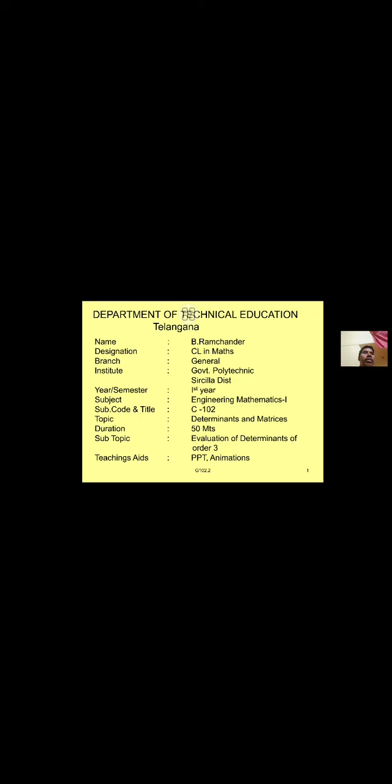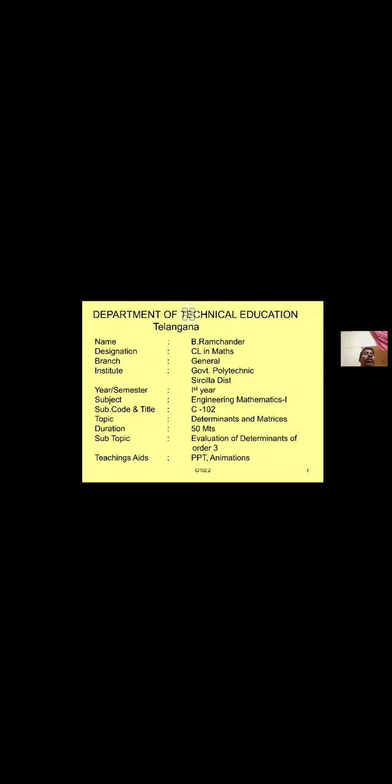Like for the first row, we take the first element and its minor, and next put minus, because for the second element we have to put minus, and second element into its minor, plus third element with its minor. So these three summations are called the determinant of the matrix.